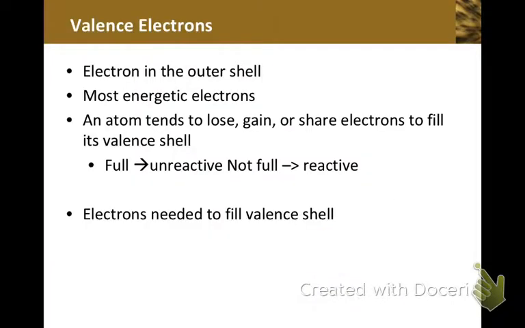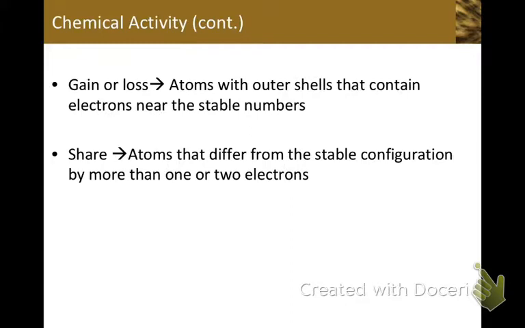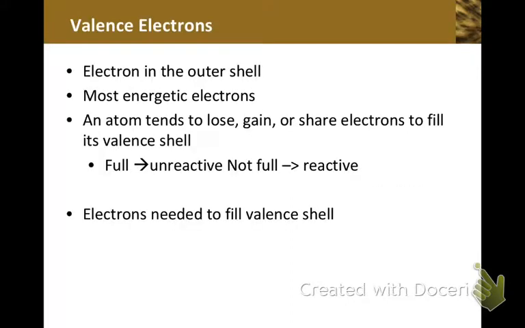Now, the electrons that are farther out are what are known as valence electrons. They are in the outer shells. Remember how I said the ones that are farther away have more energy? So they're the most energetic.